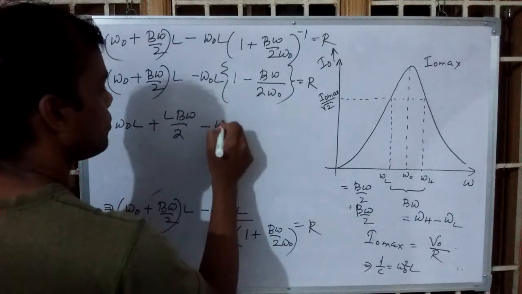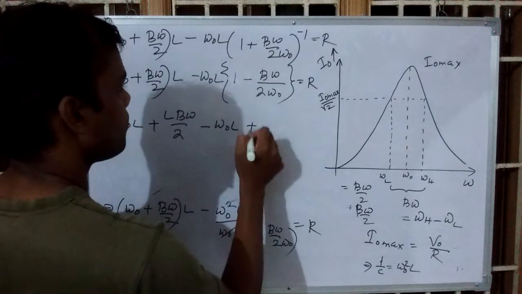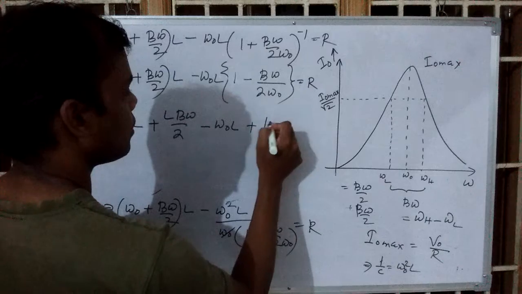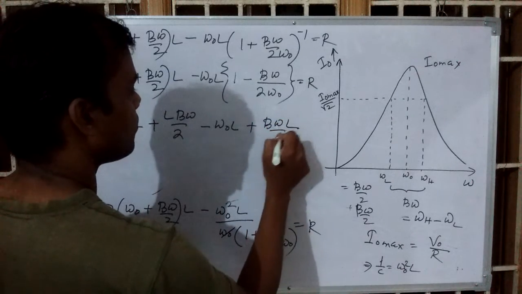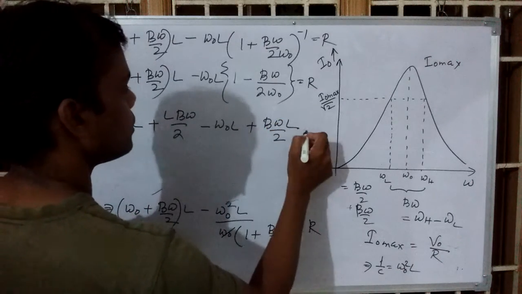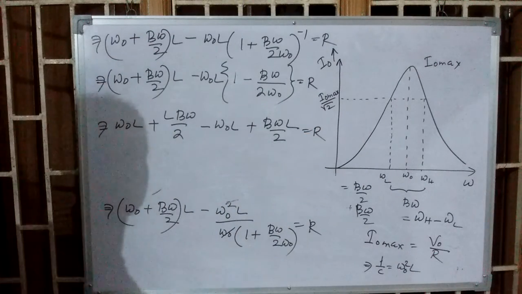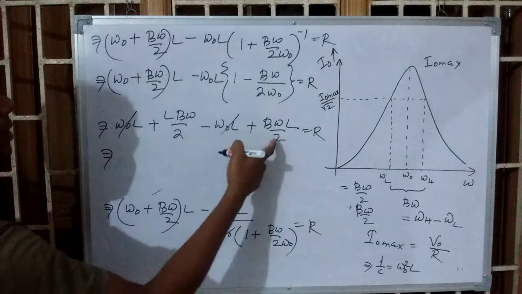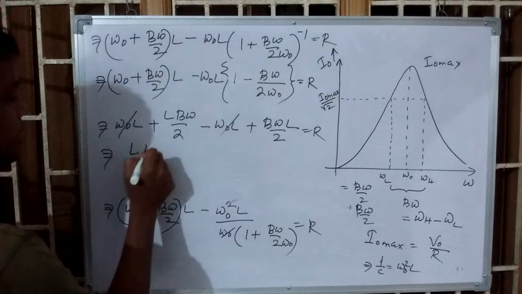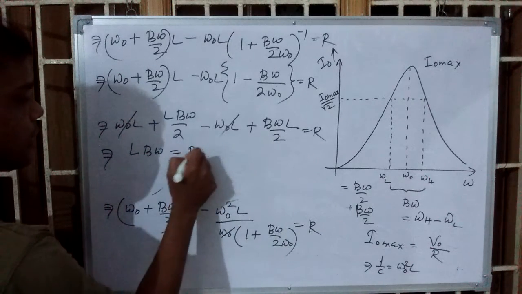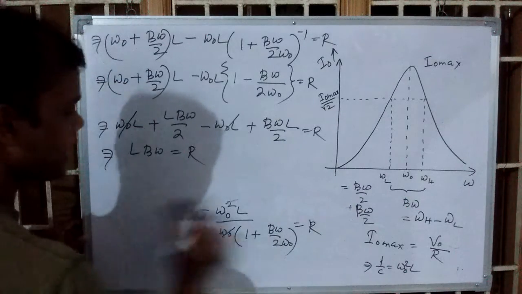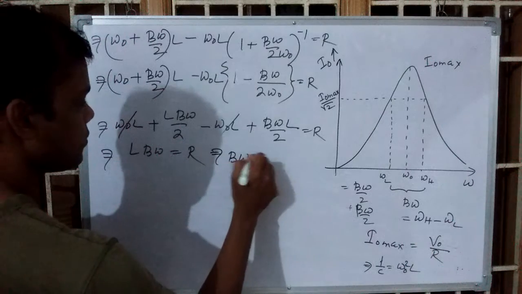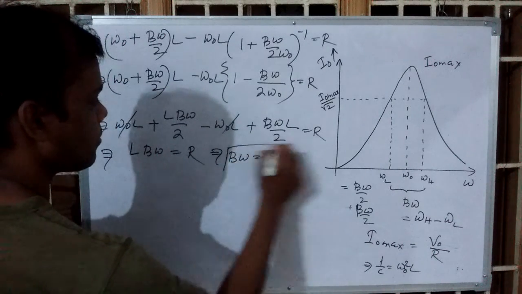If you multiply it, it will become omega naught L plus bandwidth into L by 2, bandwidth into L by 2, then this is equal to R. Now omega naught L gets cancelled, and these two terms are the same, so it will be L into bandwidth is equal to R. This implies bandwidth is equal to R by L.